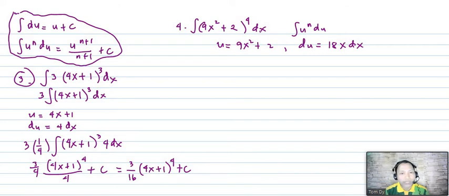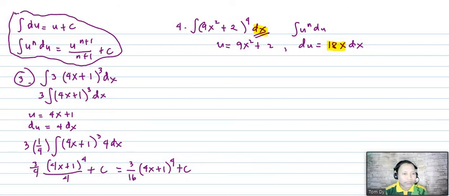However, this one, if you have noticed, this is dx, and this one is 18x dx. If you have noticed from our previous example, we apply this formula because we have only a number that is the difference between du and the given problem.